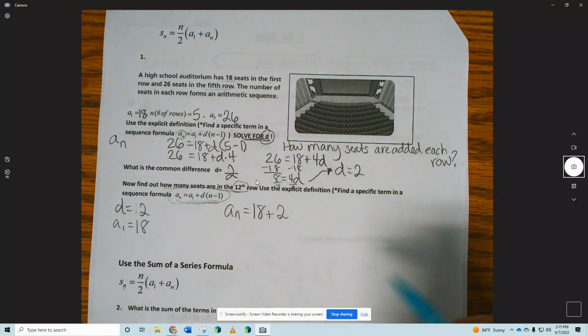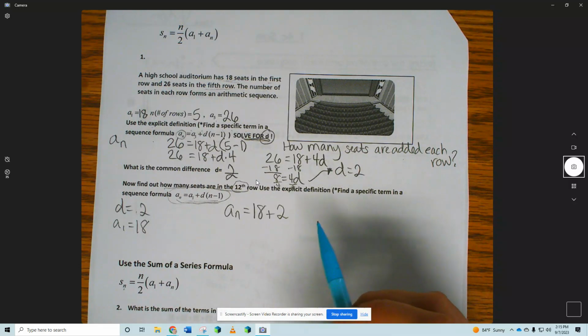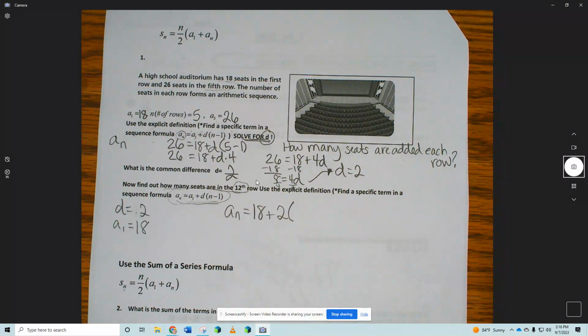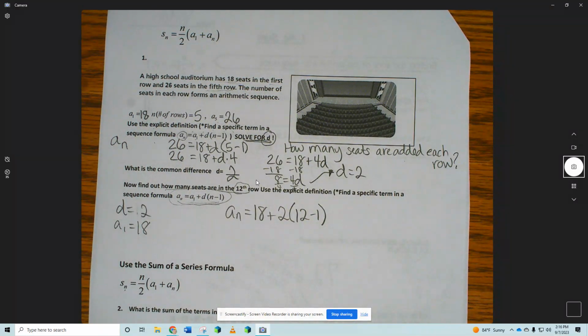Andre, I need your help. What'd you put in the parentheses? What's the n? What are we trying to find? Yep, 12 minus 1. Okay, go ahead and solve that formula.